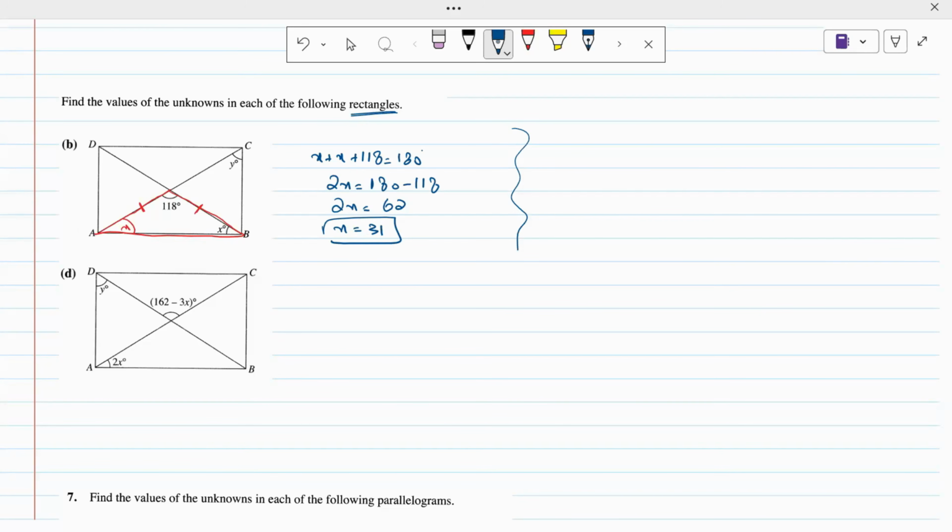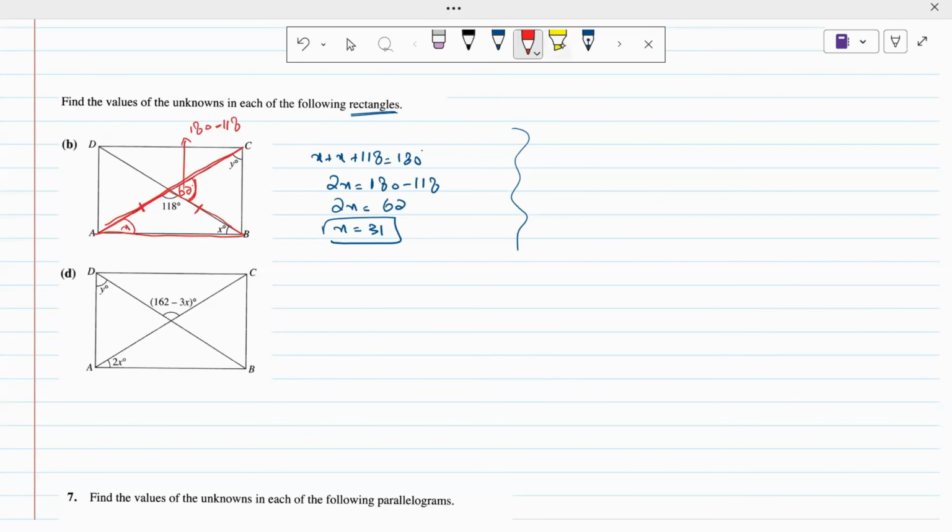Here again, we know that the diagonal AC is a straight line, and for straight lines we can find the supplementary angles, because angles on a straight line sum up to 180 degrees. So this angle would be 180 minus 118, which is 62.